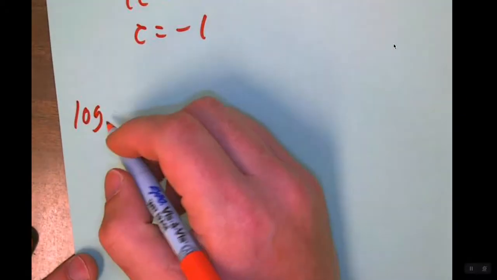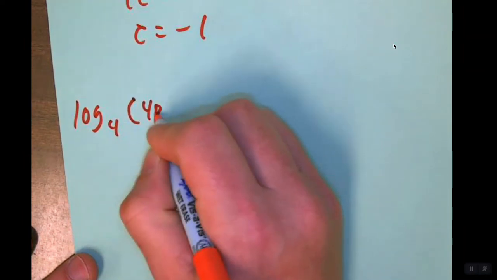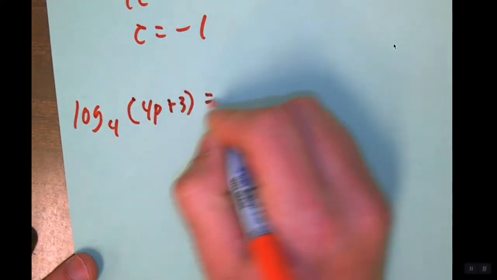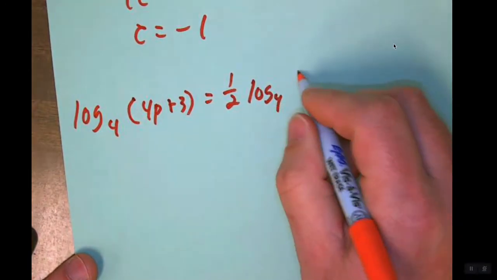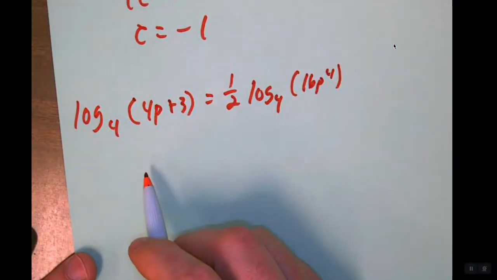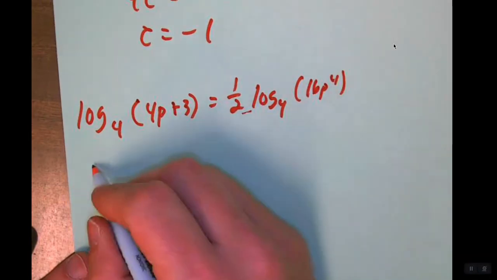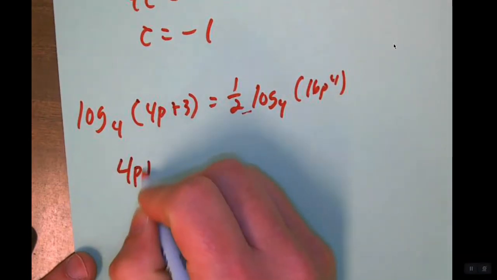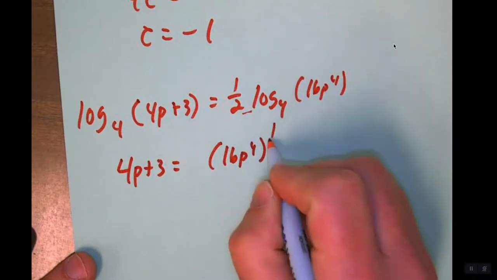We'll do one more with that, and then we'll look at when you don't have the same base. So log base 4 of 4p plus 3 equals 1/2 log base 4 of 16p to the 4th. All right, so this half has to go to that power. So then you got 4p plus 3 equals 16p to the fourth to the 1/2.